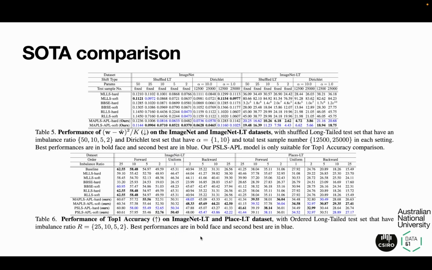We also provide detailed results of some particular label shift settings. For estimation error, we outperform other models in most of the settings on ImageNet and long-tail ImageNet, as shown in the upper figure in the slides. For top 1 accuracy, our model outperforms other models on most of the settings on the long-tailed ImageNet and the long-tail Places dataset, as shown in the lower part of the figure.